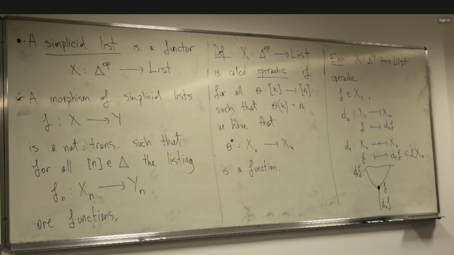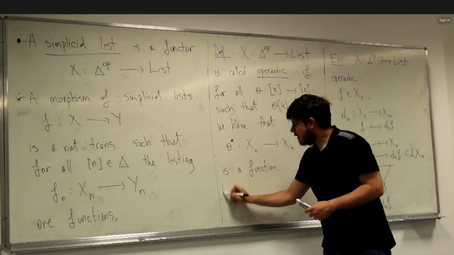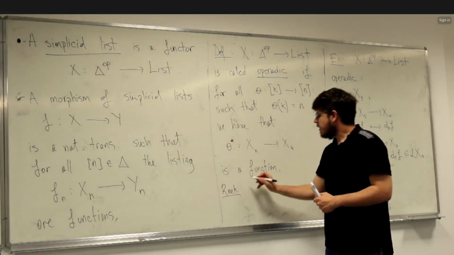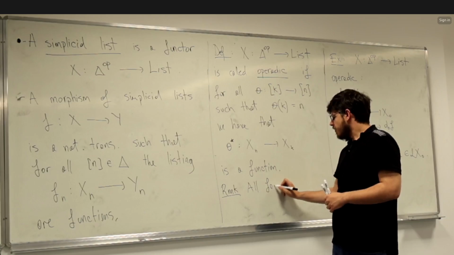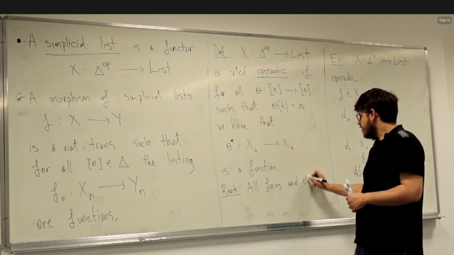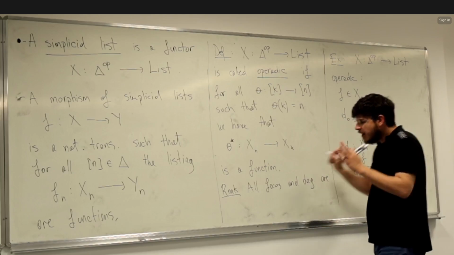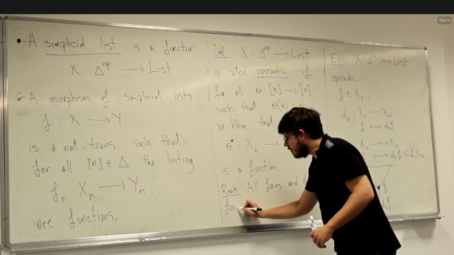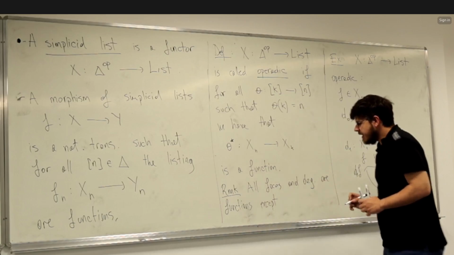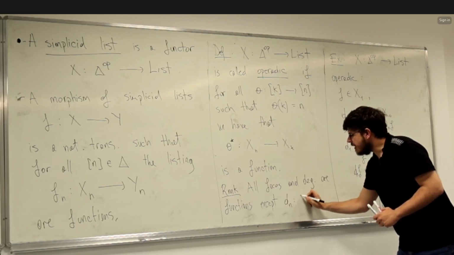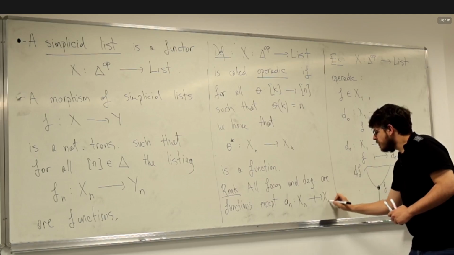Okay, so now we have the ingredients. Let me just say one more thing about this. A useful remark: this is equivalent to saying that all faces and degeneracies are functions, except possibly the last face map dn from Xn to Xn minus 1.